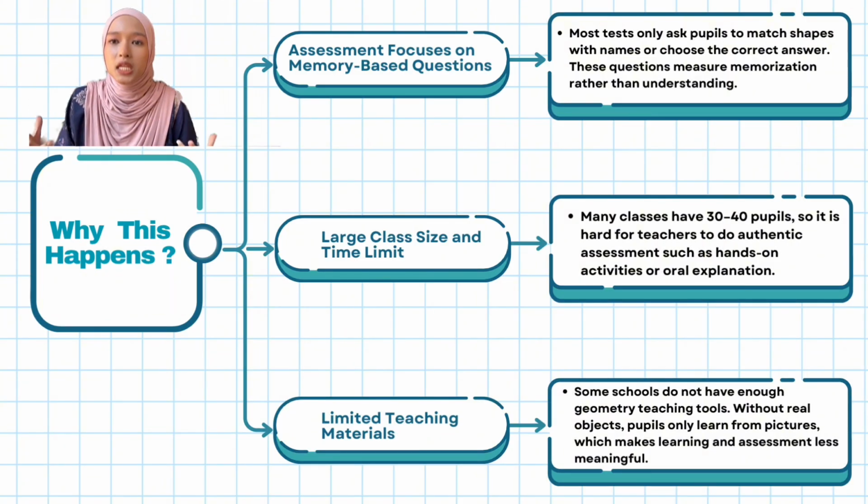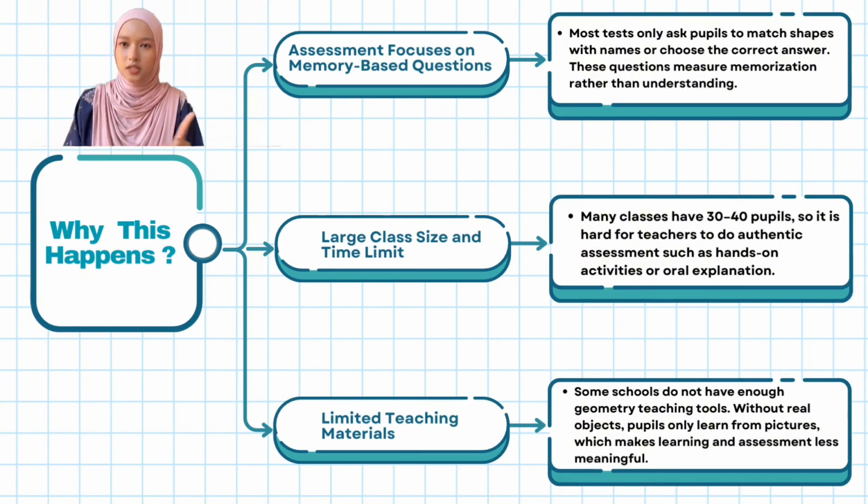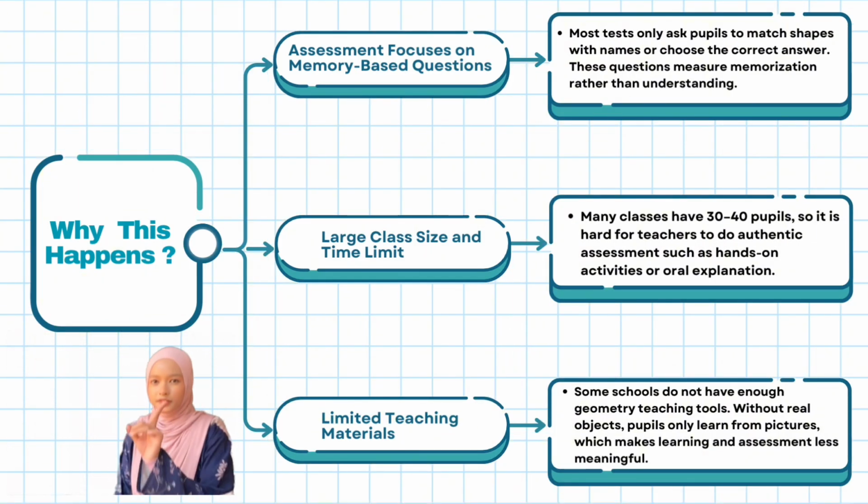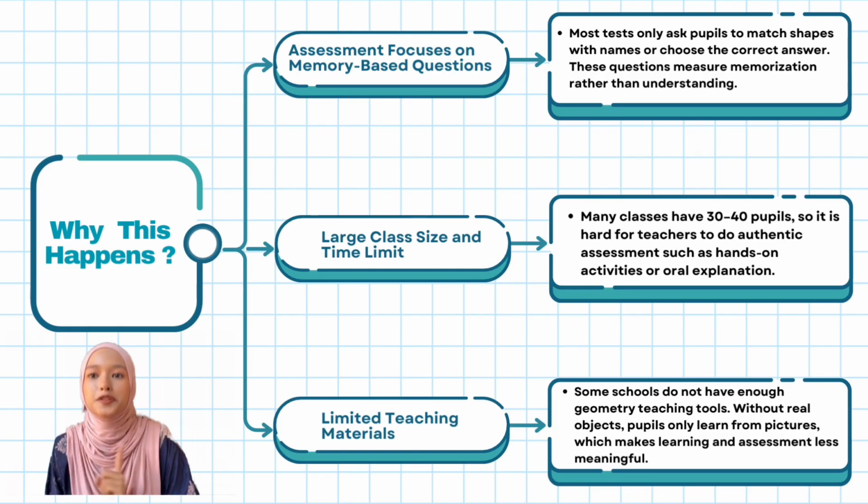First, many classes have 30 to 40 people, with a large class size and limited time. It is difficult for teachers to carry out authentic assessment like hands-on activities or oral explanation. Written tests are easier and faster to manage. Second, some schools do not have enough geometry teaching materials.